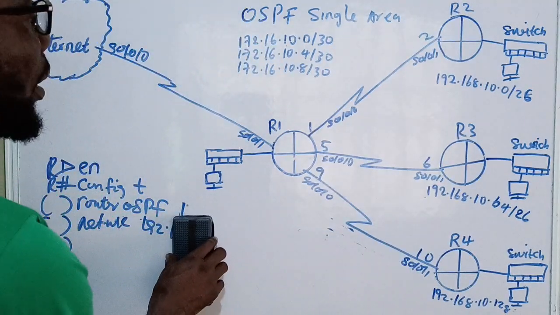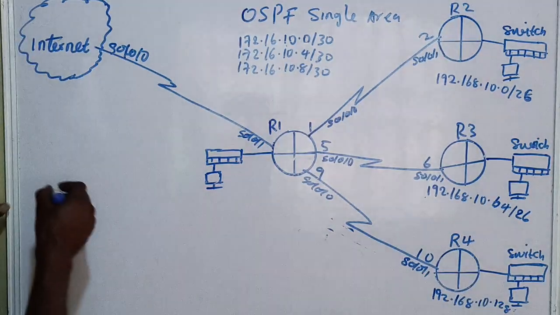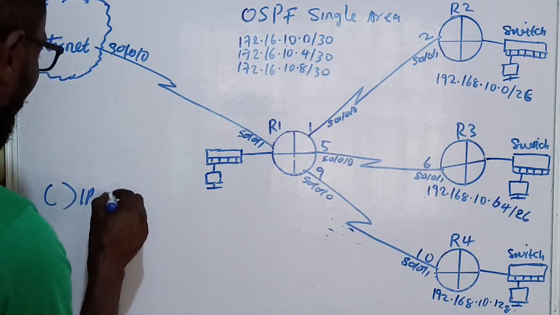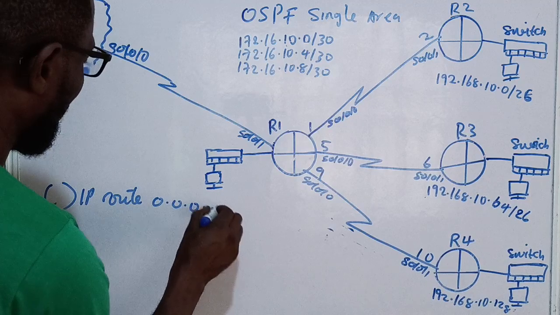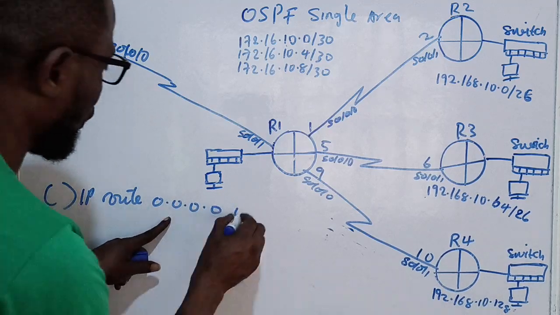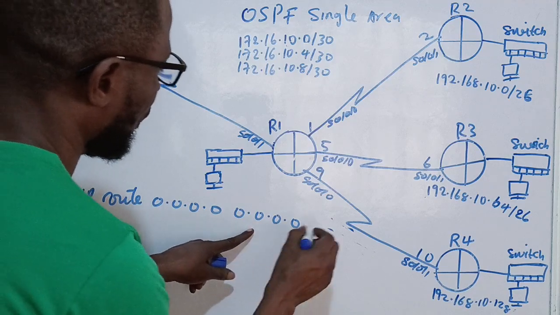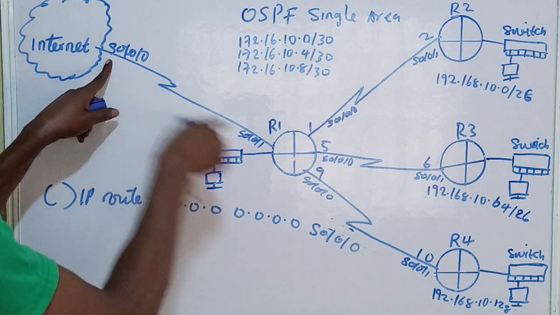So let's create a default route. From global configuration mode in this router, you put ip route 0.0.0.0, any source host, 0.0.0.0, any destination host, S0/0/0, which is this interface facing there.